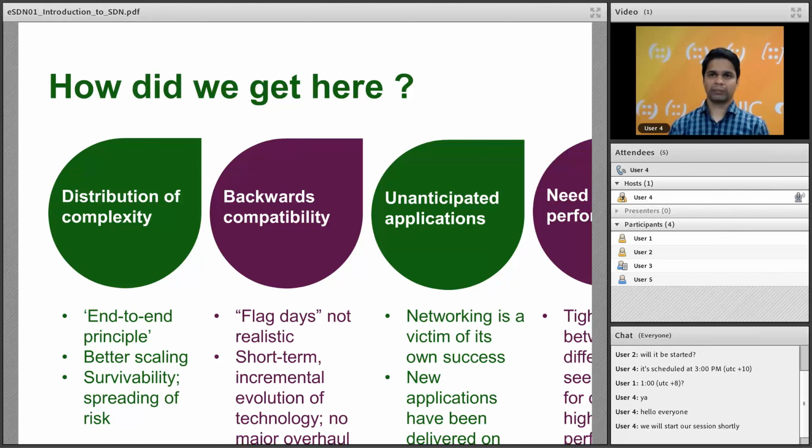To achieve better networking performance, tight coupling has been required between the different planes, like the data plane, control plane, and management plane, and between the hardware and the software. Optimization is very much required to achieve this, and also openness to have interoperability among all those vendors. So all those components basically contribute to the complexity of today's network protocols, devices, and the networks we use nowadays.